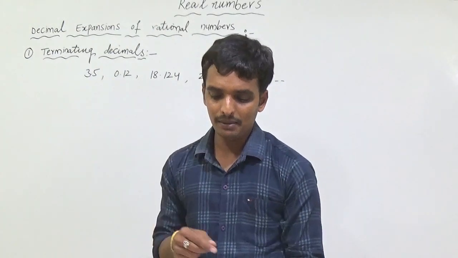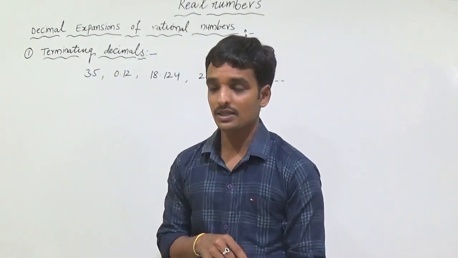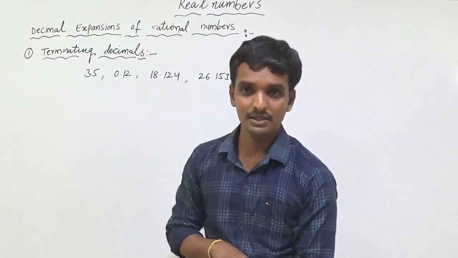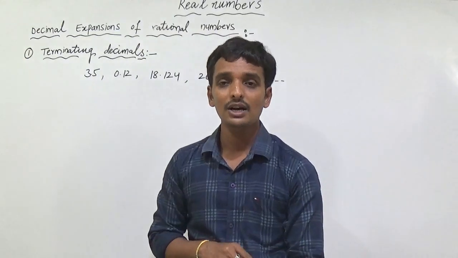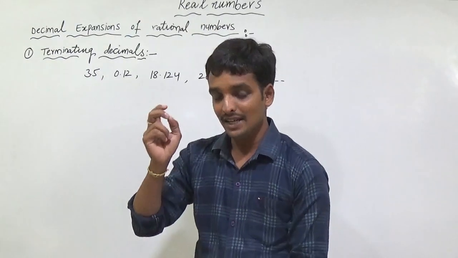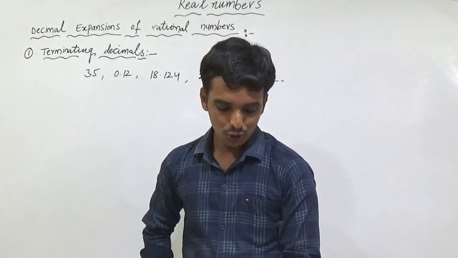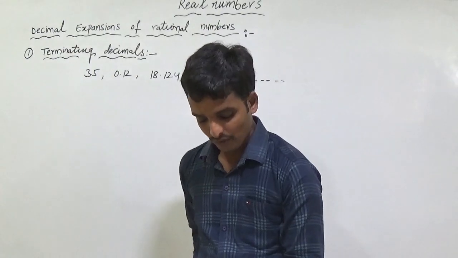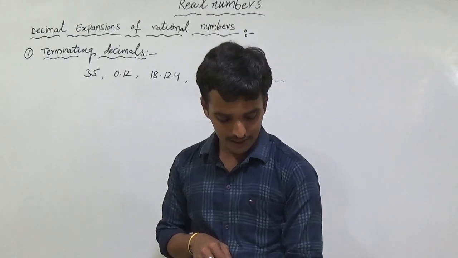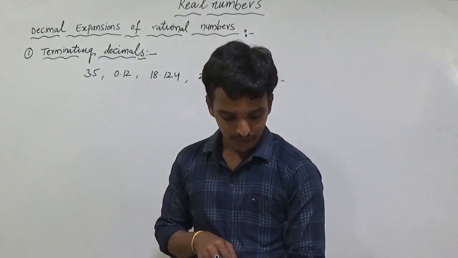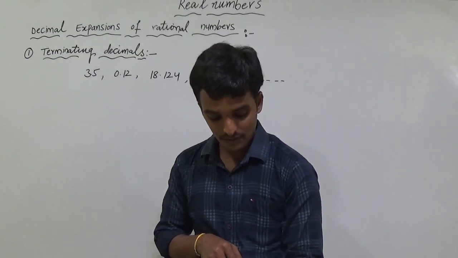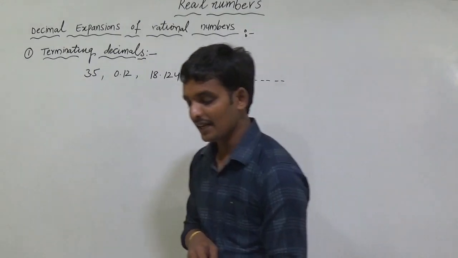There is a spelling mistake in the textbook, but the correct sense is terminating. If a rational number can be expressed in the form p by 2 power n into 5 power m, where p belongs to Z, and n and m belong to W, the rational number will be a terminating decimal. Otherwise, the rational number will be a non-terminating recurring decimal.